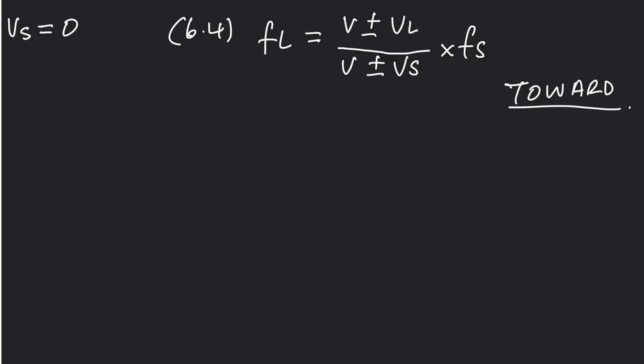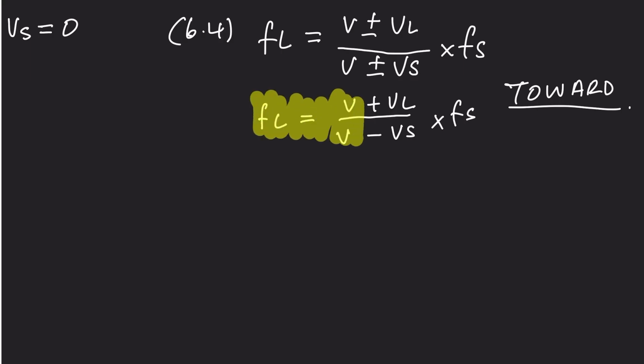So the equation then becomes FL equals V plus VL divided by V minus Vs multiplied by Fs. And I've shown this formula a few times in other videos. I will link them in the top right corner, and how you get them and what's the easy way to remember them.